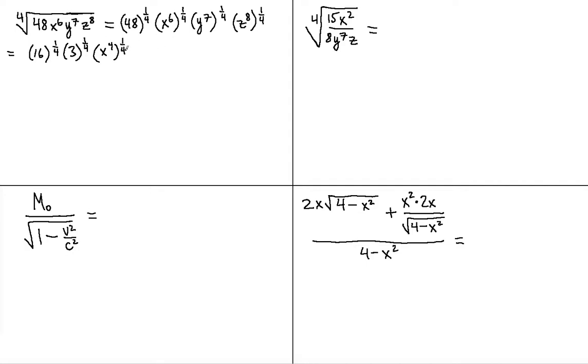Okay, that's good. Now y to the 7th can be broken up as well, right? We know y to the 4th. By the way, I forgot to include the x squared, right? So x squared to the 4th power as well, right? Because x squared times x to the 4th is x to the 6th. Now the same thing for the y. Y to the 4th first. We're going to break up the 7 into 4 and 3 powers.